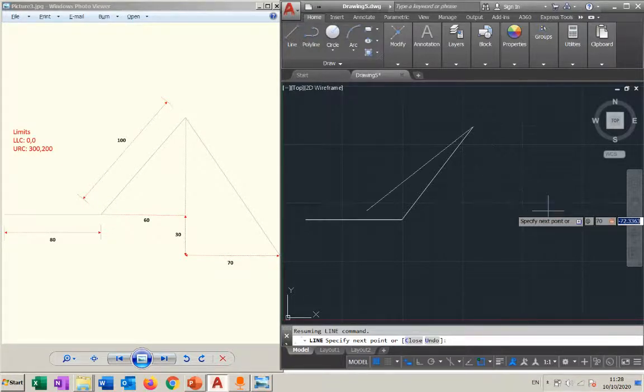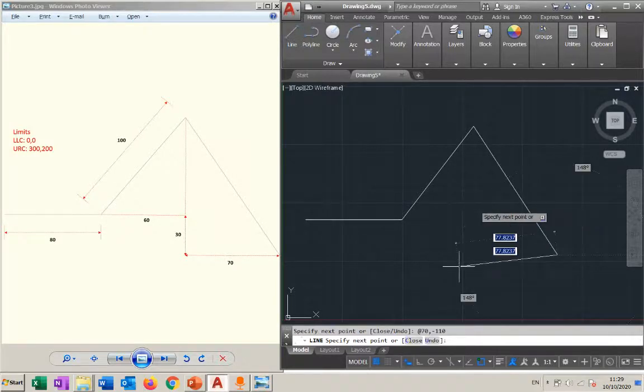Then I'm going to use comma. Since we're going to come down, because from this point to this point we're coming down, and this is 80, 30 will be minus 110, so we write minus 110. Hit enter, and this is going to draw the line for us there.